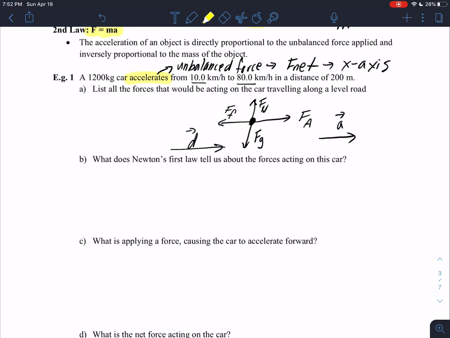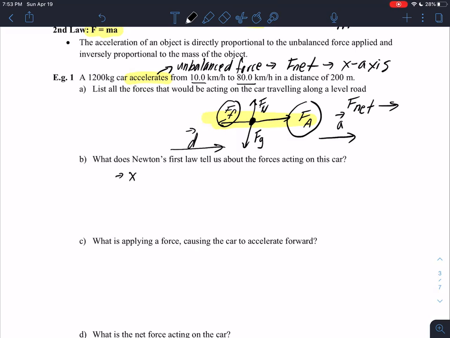And according to Newton's first law, if we are accelerating, it must mean that we have an unbalanced force along this axis. In fact, if we're accelerating to the right, it's implying that this force is greater than this force, and therefore we have a net force that is going in the same direction as the acceleration.